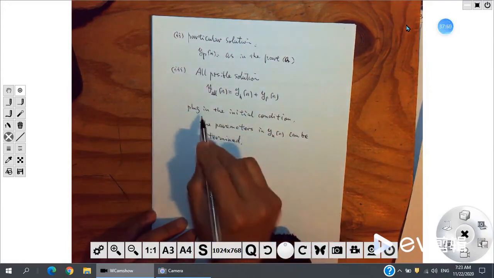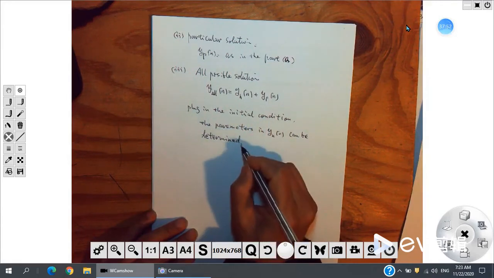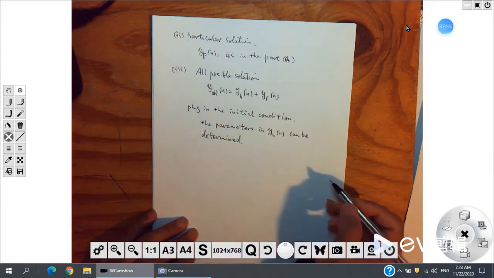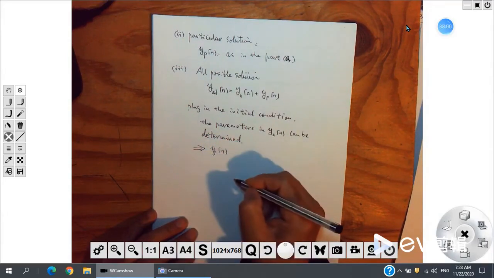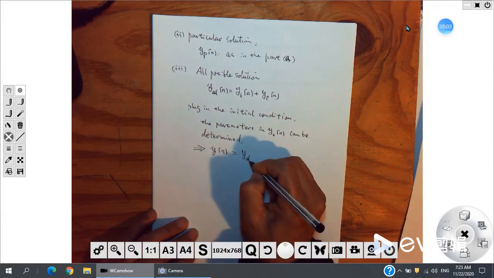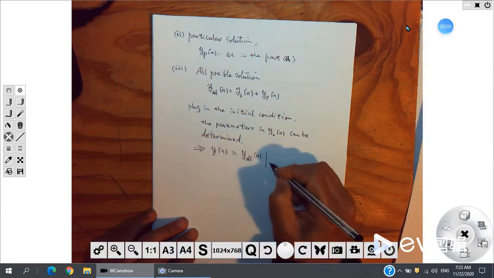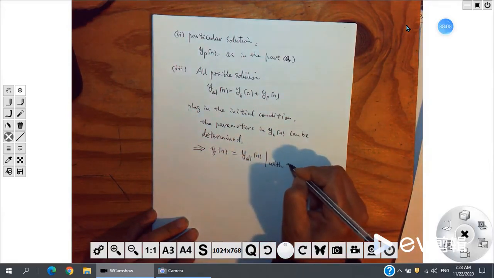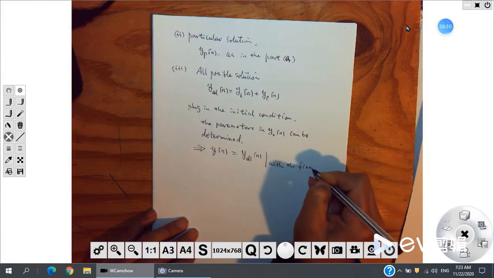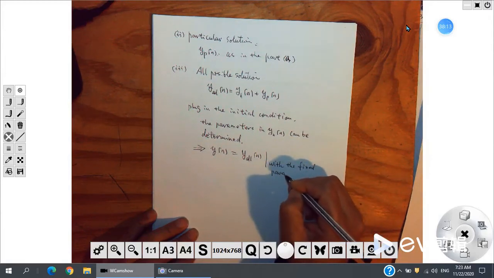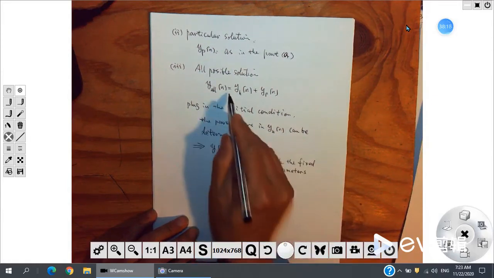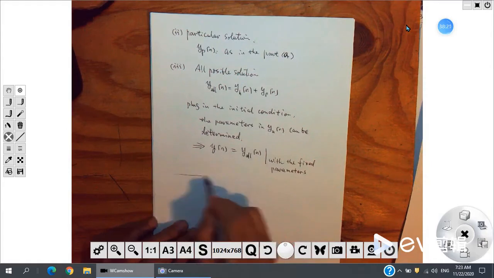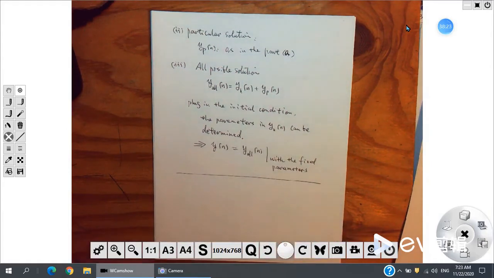After you have the initial condition, there will be some fixed numbers determined. Then we have y of n equal to, actually it is yr of n, but with fixed parameters. Right, you solve the parameters, plug them here, then you have y of n. Okay, so this is how to solve the system.